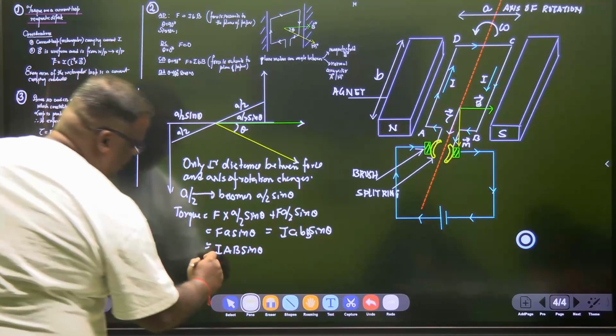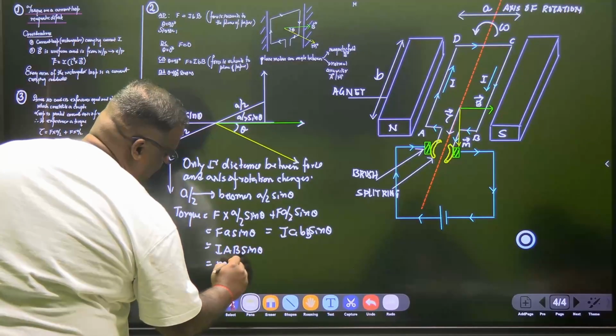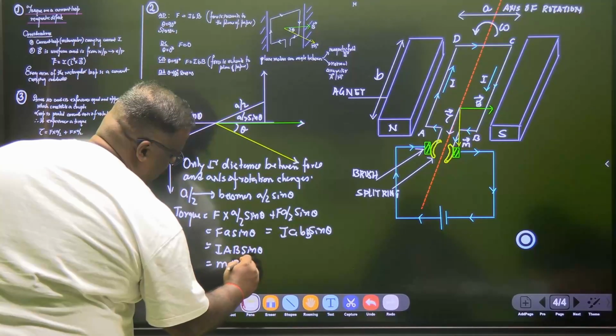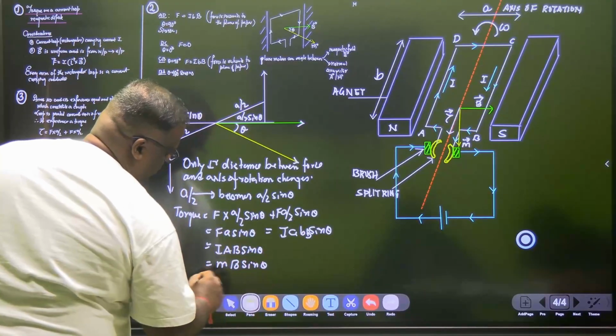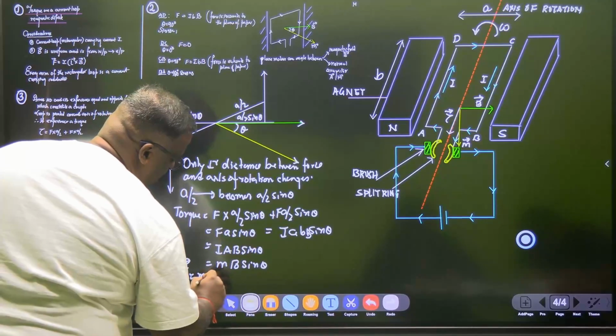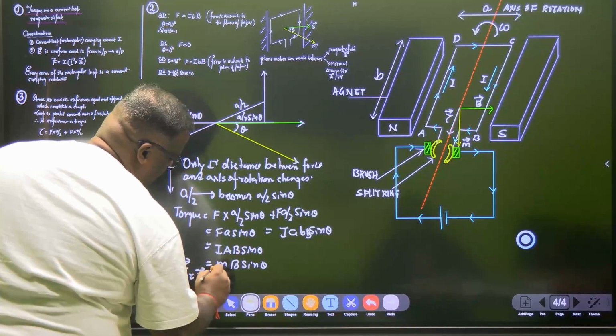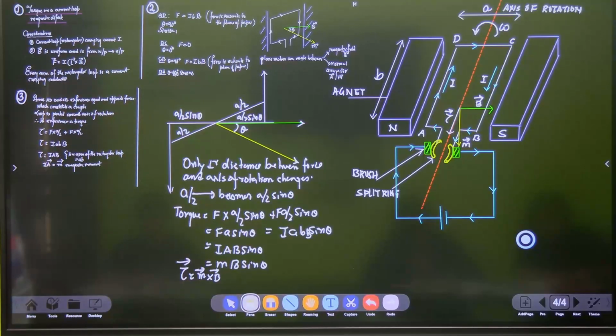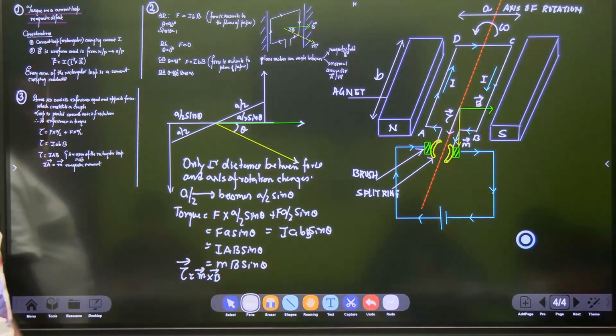IA we are replacing as M, so MB sine theta. So in vector form, you can say torque is equal to M cross B.